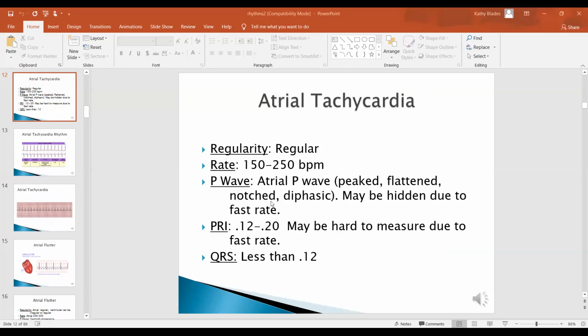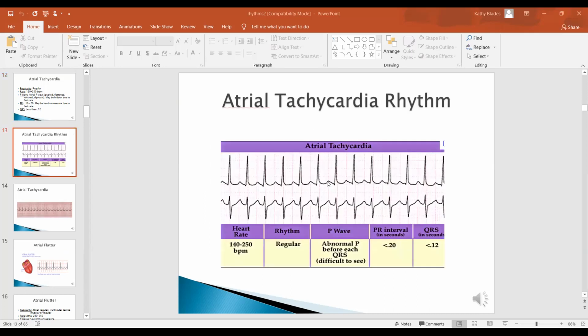Everything else is pretty much the same as far as the distance with the PRI when you measure it, or the QRS. Obviously, the rate here is much quicker because you're going to have those multiple R's because this is tachycardia.